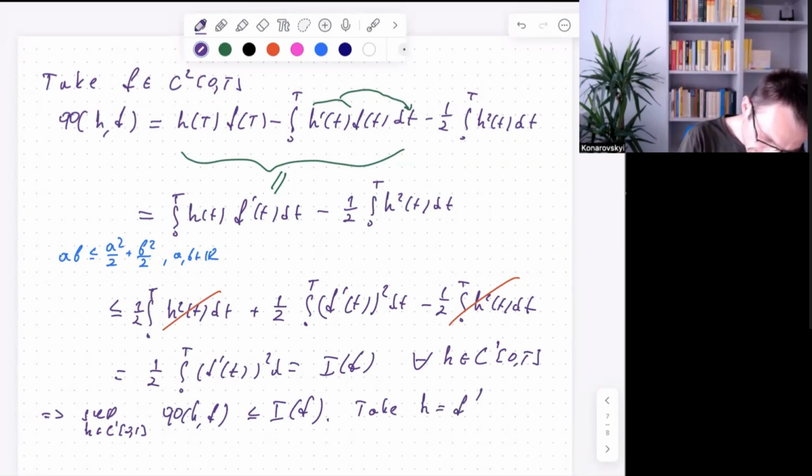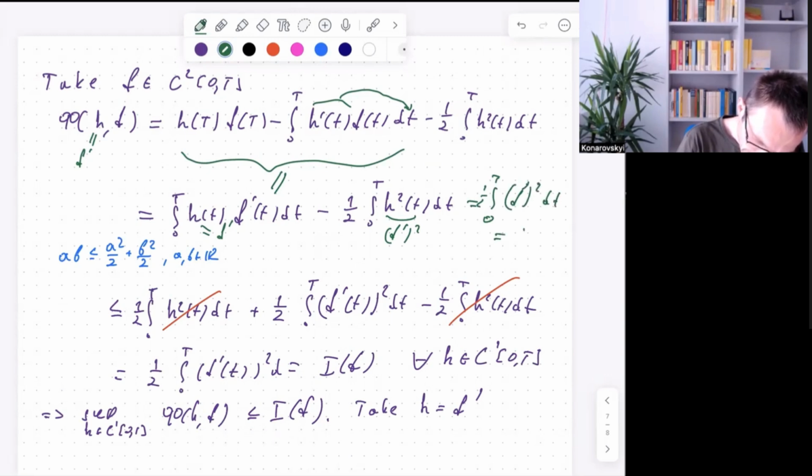If you take h equal to f prime, and apply the integration by parts formula, you will see here f prime, you will see here f prime squared, and then it gives you the integral 1 over 2, the integral from 0 to t of f prime squared dt. That is exactly I of f.